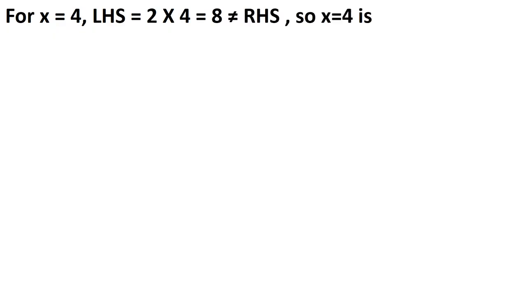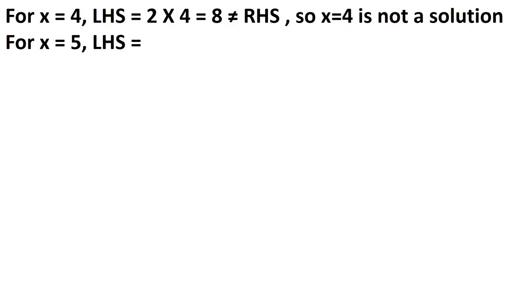Now we will put x equal to 4. Left hand side equals 2 multiplied by 4, which is equal to 8, and it is not equal to the right hand side. So, x equal to 4 is also not a solution because on the right hand side we have 10. Now, we will write down x equal to 5. See the left hand side? It is equal to 2 multiplied by 5, which is equal to 10.